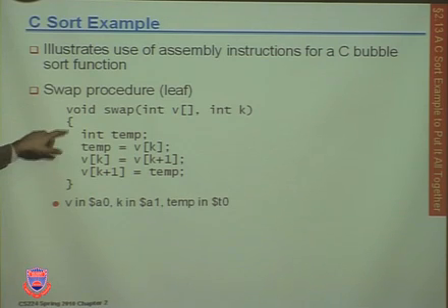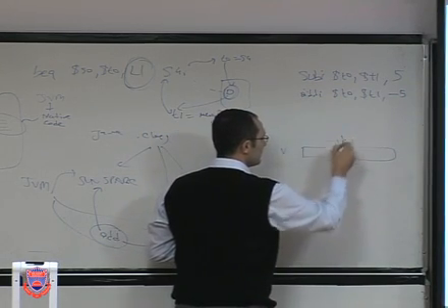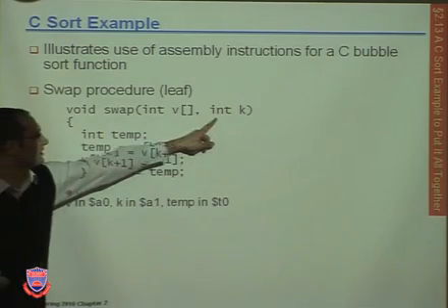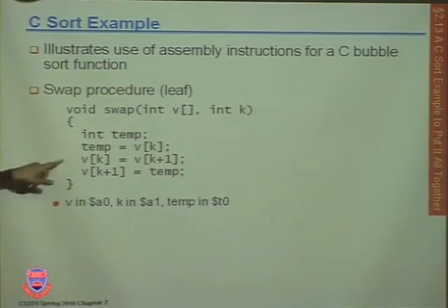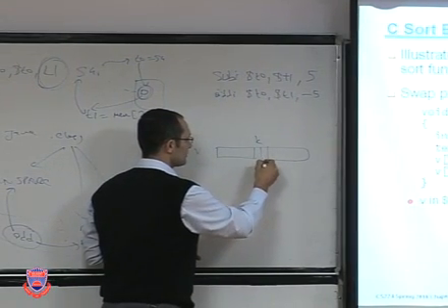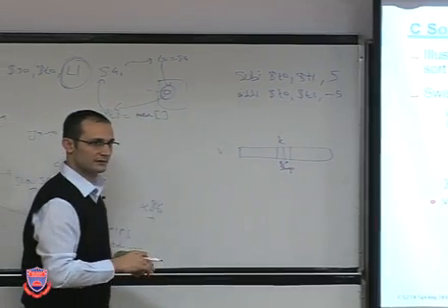Let's say you have a swap method and an array V. The kth entry is given by the second parameter, int k, and the method takes the kth entry into temp and then swaps it with the next element. It performs the swap between these two elements in the array.